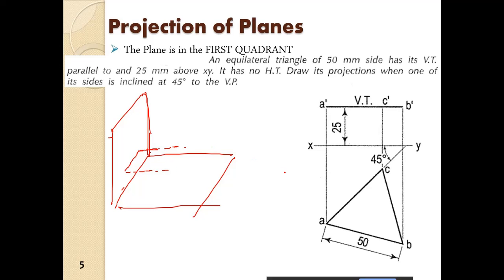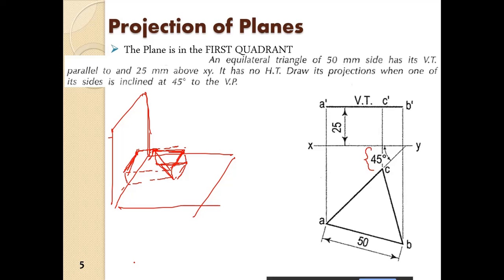So here what they have considered is a particular distance. So you may consider that as well. So this is the line, suppose. If I draw a line, it is 45 degree to this line, okay, and then the triangle will be here. Now this is the projection of the triangle.